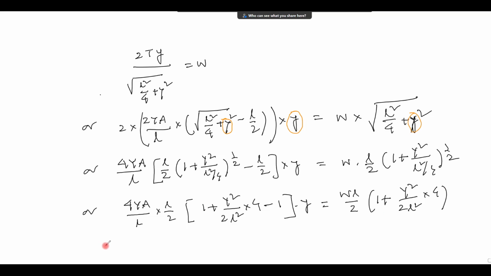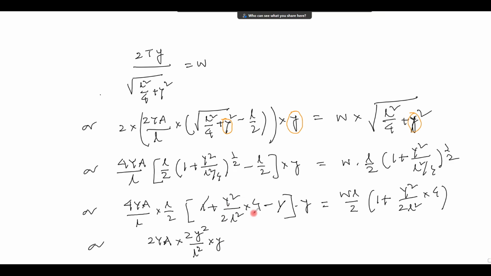Okay, now 1 cancelled. Or 2YA into 2 y square by L square, this is small y, so into y we are getting y cube.